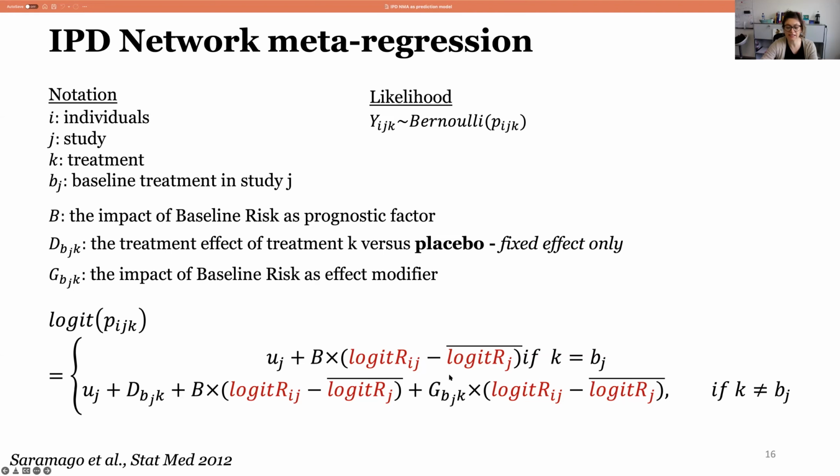And this part here is the interaction between baseline risk and treatment effect. So the coefficient g measures how important baseline risk is in modifying the treatment effect, and it is treatment specific also.